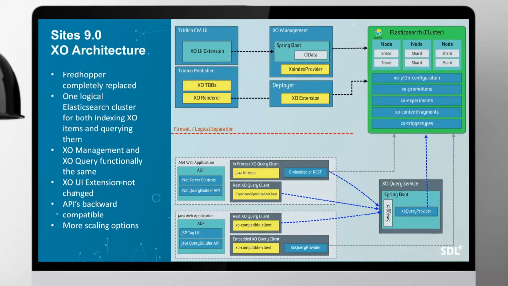And basically in your web application, there is still the possibility to use Java tag libraries, .NET Server controls, or the sort of query builder and query APIs. And the in-process APIs, or code, if you will, are also still supported.